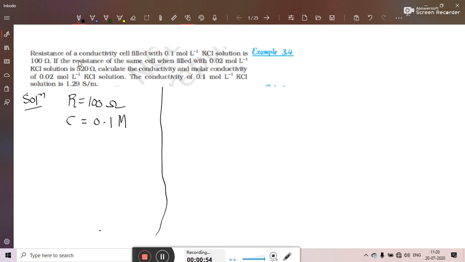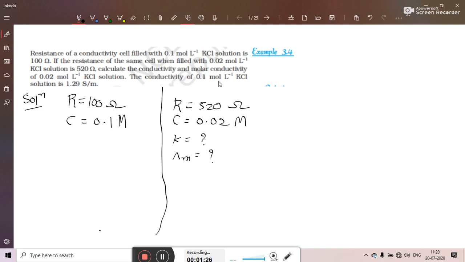Then it is asked, if the resistance of the same cell filled with 0.02 molar, or we can say 0.02 mole per liter KCl solution is 520 ohm, then calculate the conductivity, that is K, and molar conductivity, that is lambda m, of this 0.02 mole per liter KCl solution.